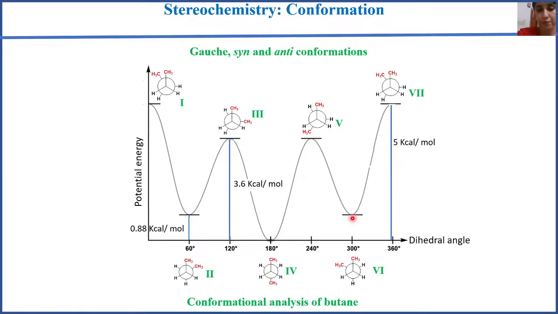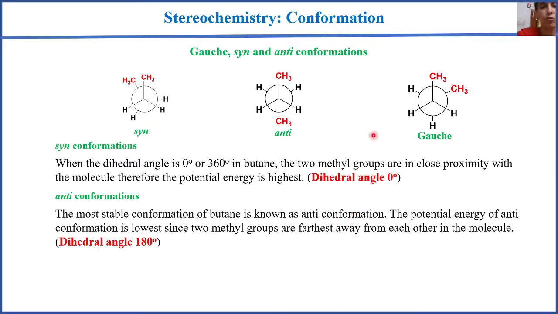Now, the syn, gauche, and anti conformations. Syn conformation: when the dihedral angle is 0 or 360 degrees in butane, the two methyl groups are in close proximity within the molecule. Therefore, potential energy is highest, as shown in our potential energy curve, and the dihedral angle is 0 degrees as shown here.